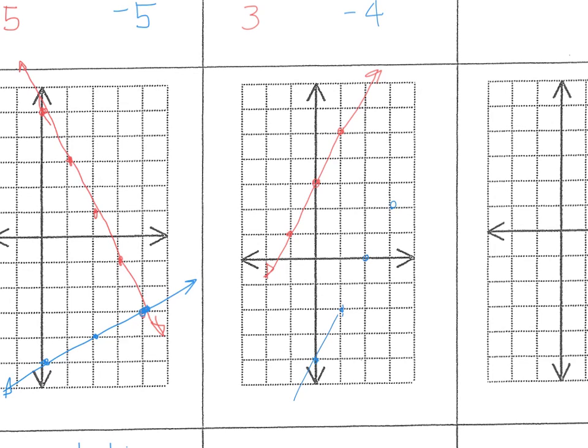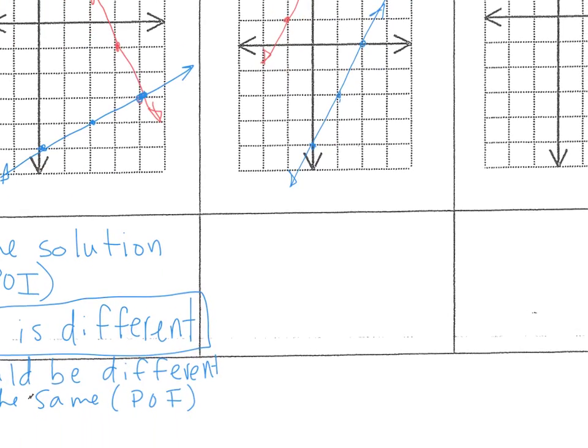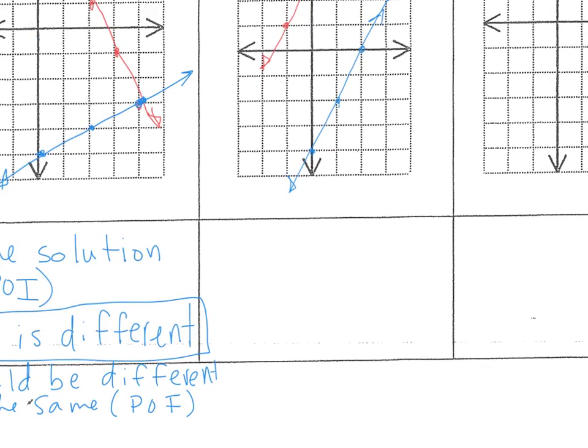And you can see, if I keep drawing these out, will they ever meet? No, because the slopes are the same, so the steepness of the lines are the same. That means they're parallel. Okay? So for these, there is actually no solution.